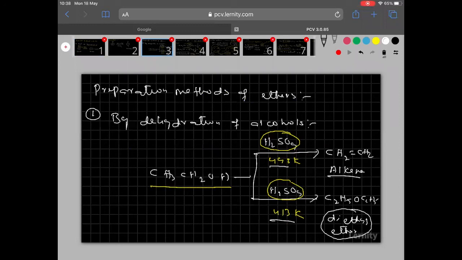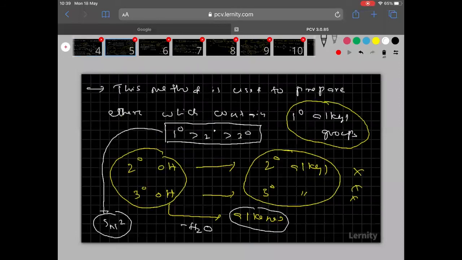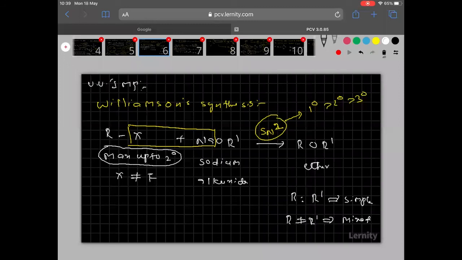Some important points regarding dehydration. Next, Williamson synthesis. Clear? Then next one.